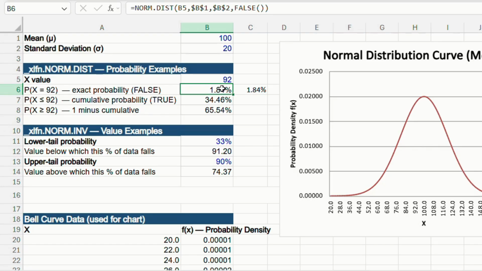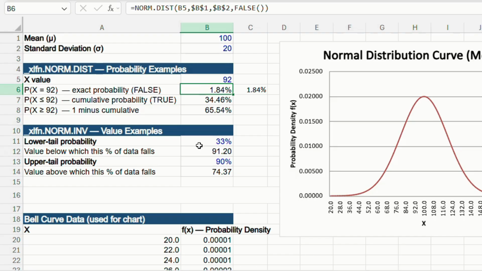So this 1.84% might sound tiny, but remember that 99.7% of all the scores spread across the range 40 to 160. A single exact score will always have a small probability. The fact that 92 is so close to the average giving us 1.84% actually tells us it's one of the more likely individual values.